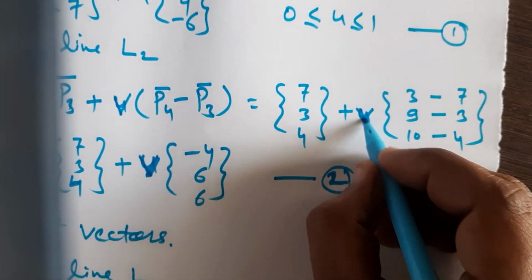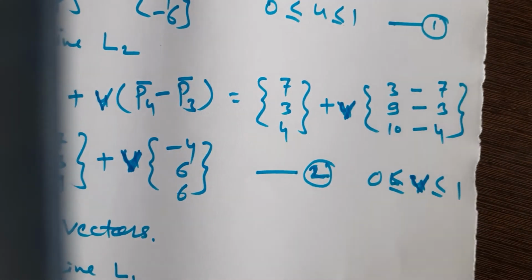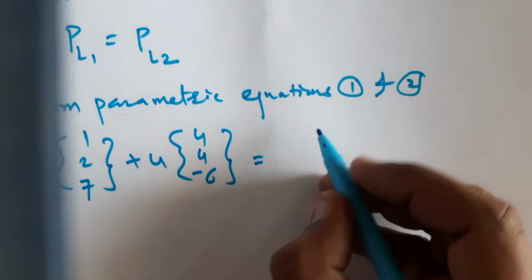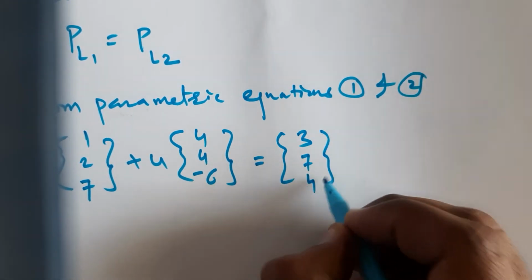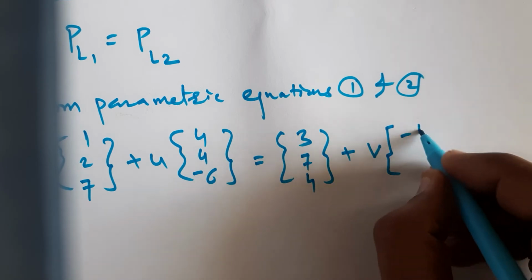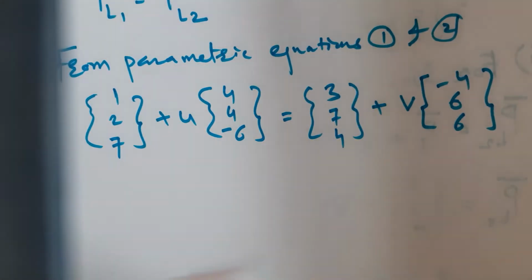So we are writing v for the second line, as we have written u for the first line. So the second parametric equation is 3, 7, 4 plus v (minus 4, 6, 6).